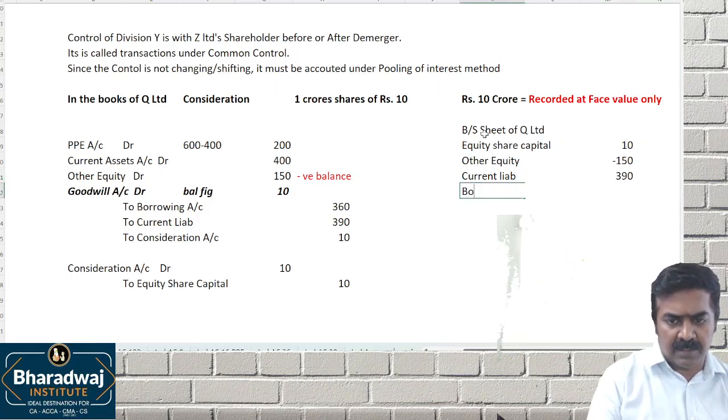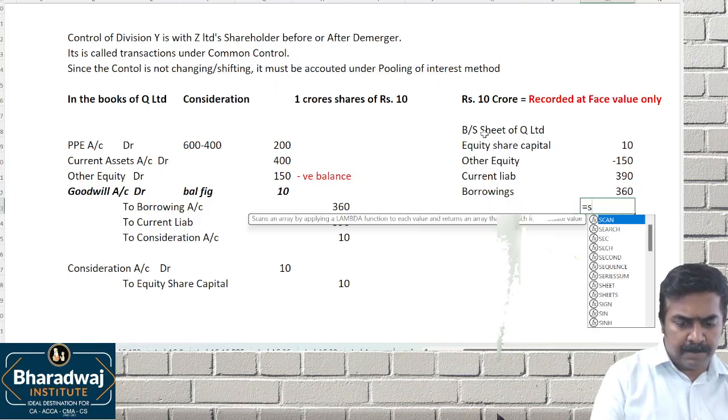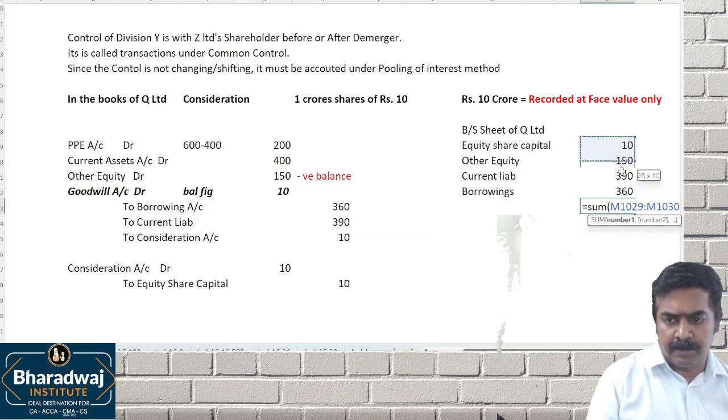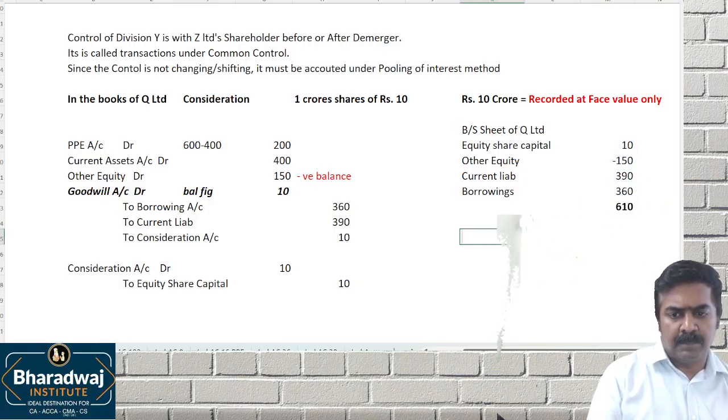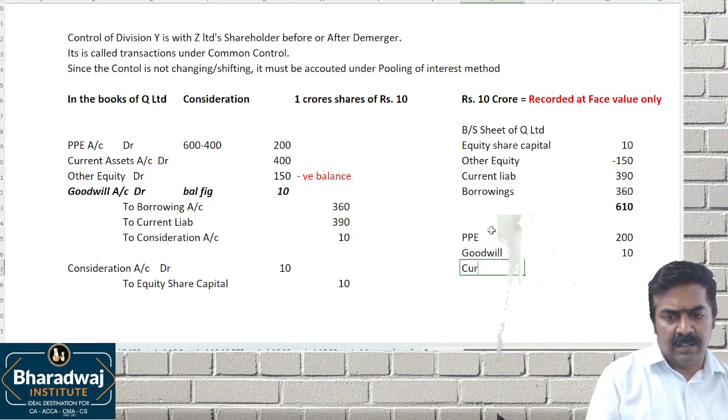Borrowings 360. PPE, how much is there? 200. Goodwill 10. Current assets 400.